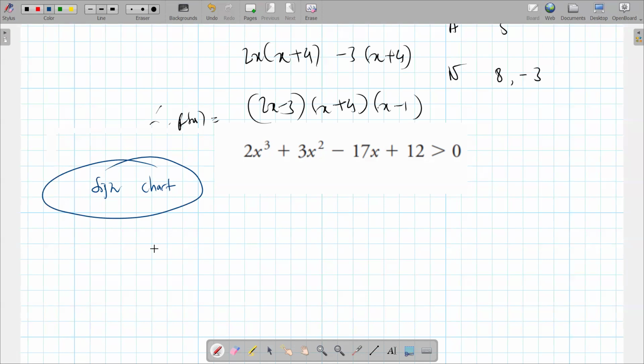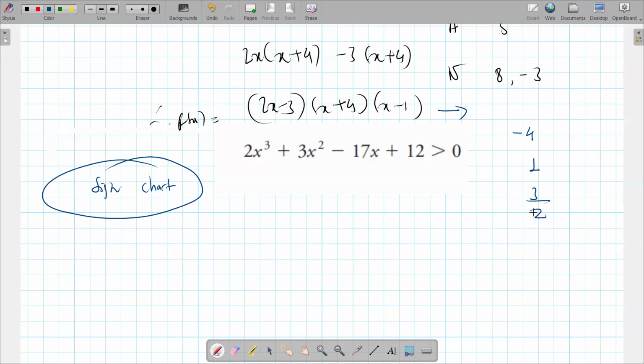In a sign chart, what we do is we put in the x-intercepts and, as we'll see later for rational functions, the vertical asymptotes. We have to put them in terms of their ranges. Now here's what I mean. From this, our x-intercepts are -4, +1, and +3/2.